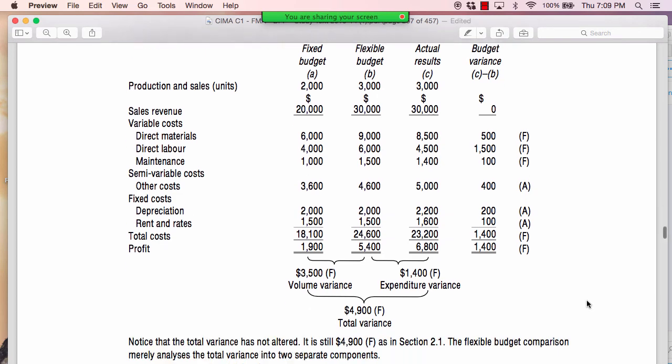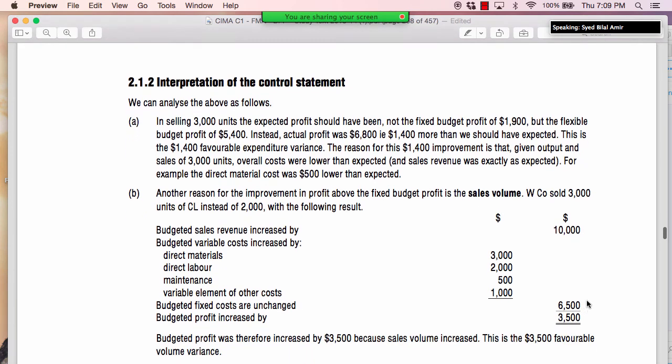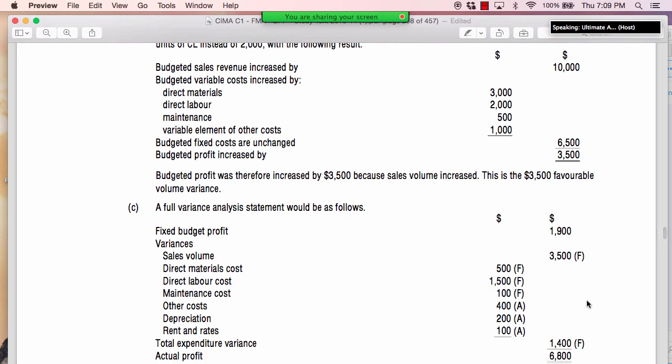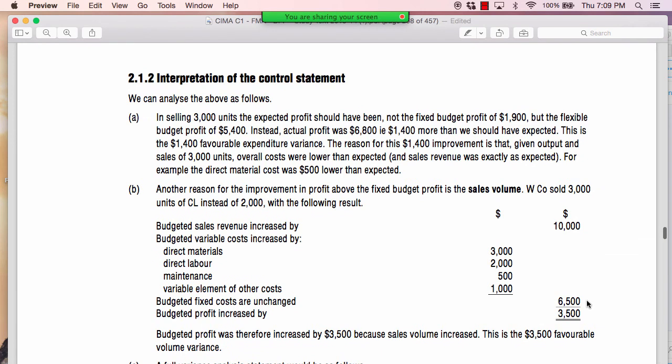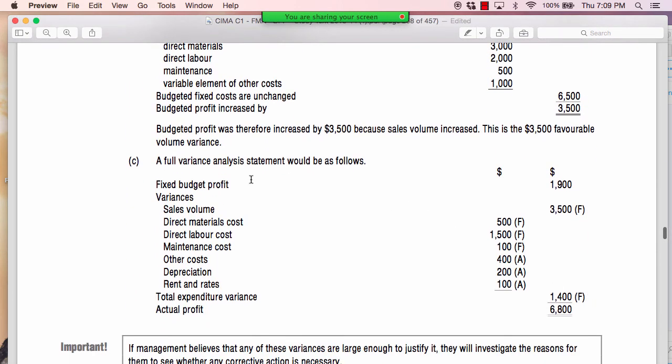Okay. Interpretation of the control. Basically, you have to interpret what is the reasoning behind the adverse and favorable variances. Here you have the full variance analysis given.